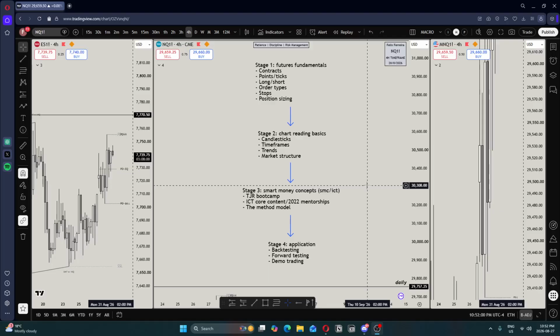The method model refers to a combination of pretty much two models that both me and the other owner of this server trade. So we each have our own separate models, but we call it combined the method model because that's just what we called it.